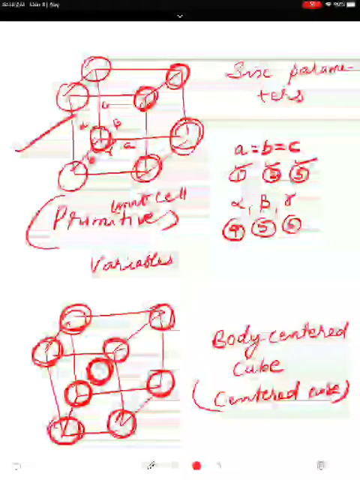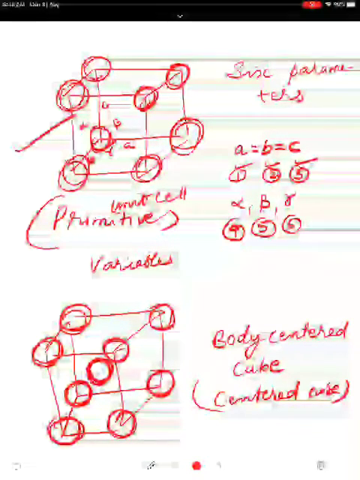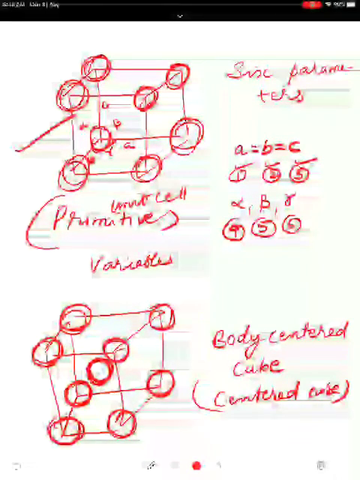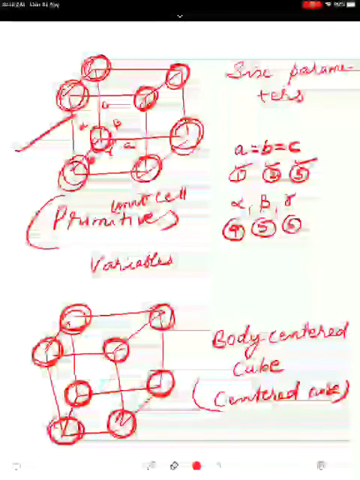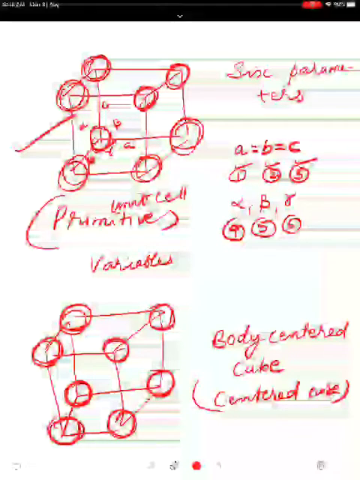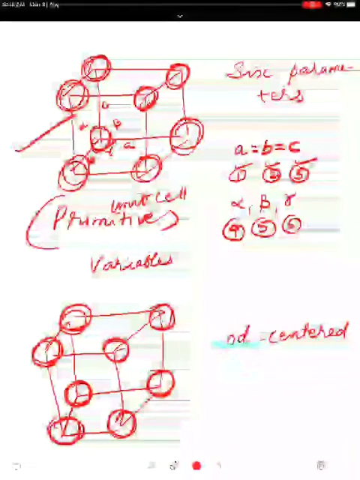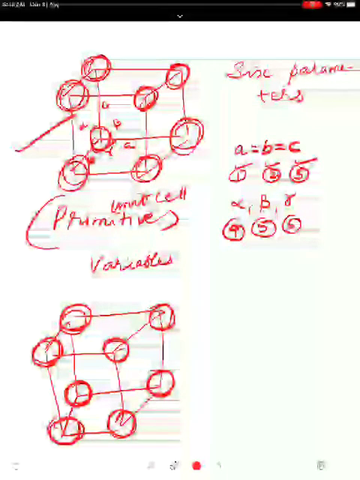If the atoms are only at the corners, then we call it primitive. In addition to the corners, if you find one at the interior center, then it is centered. Or instead, I am rubbing off this interior center.